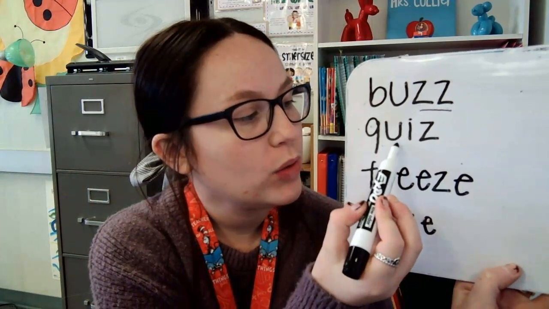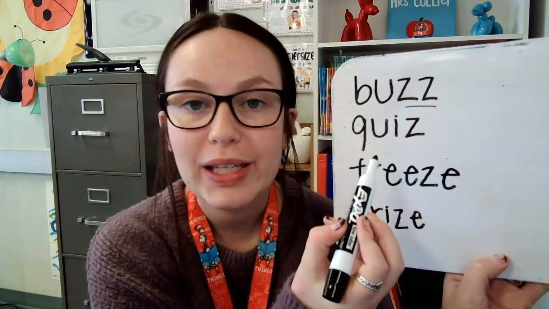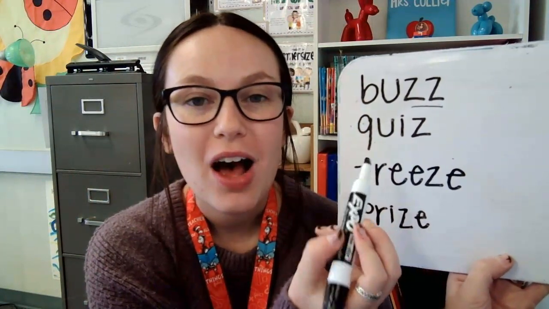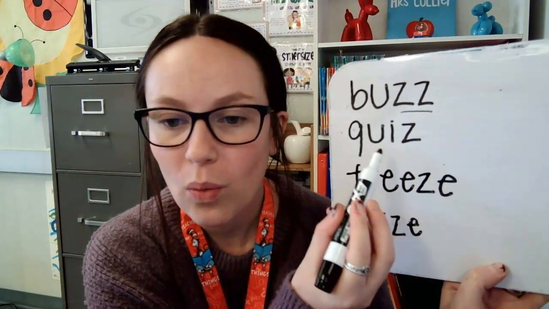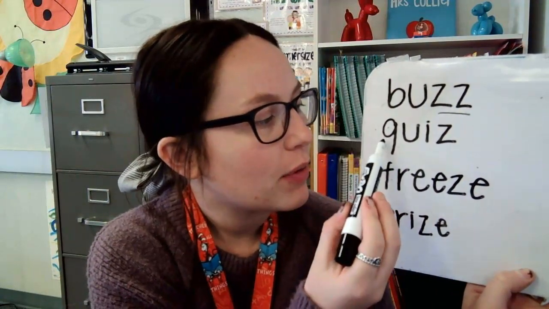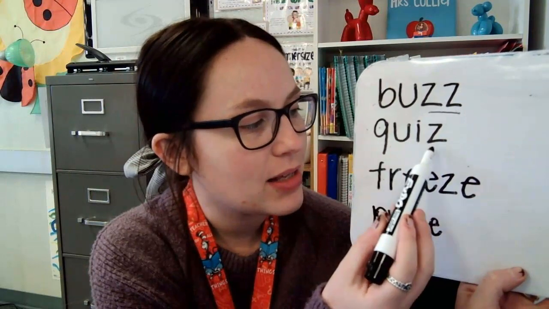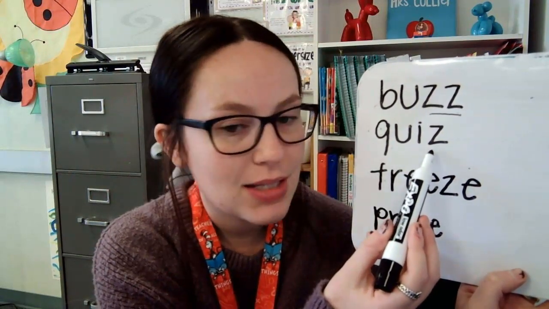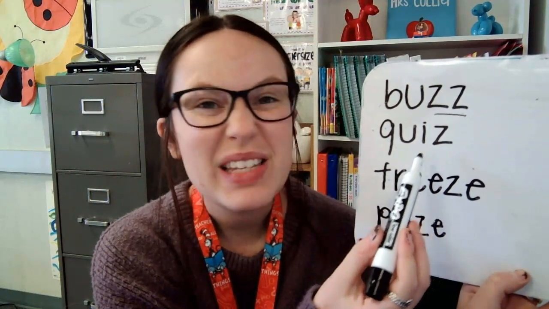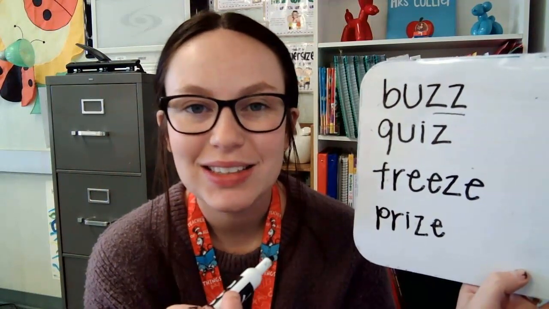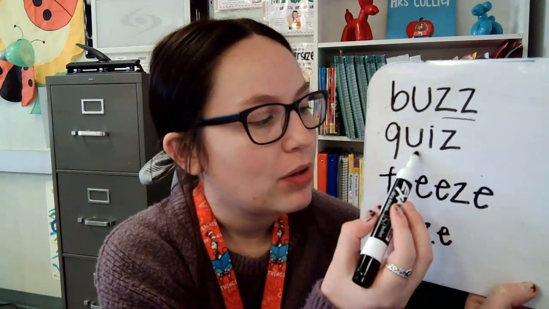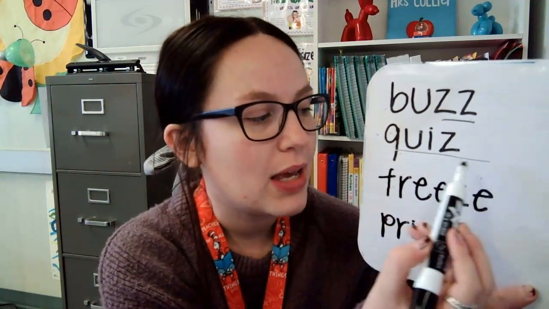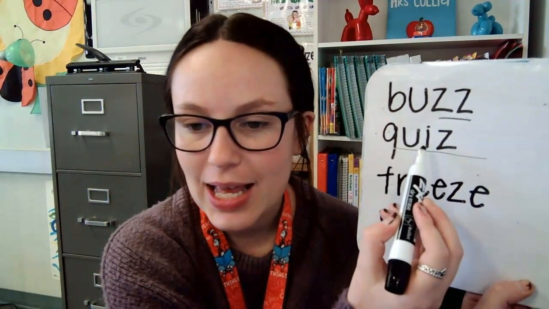It has the Q-U, which in queen, on alpha friends, makes the qu sound. So you have qu, is, qu, is. It almost sounds like the S sound, but when we put it all together, we get the word quiz. Quiz.